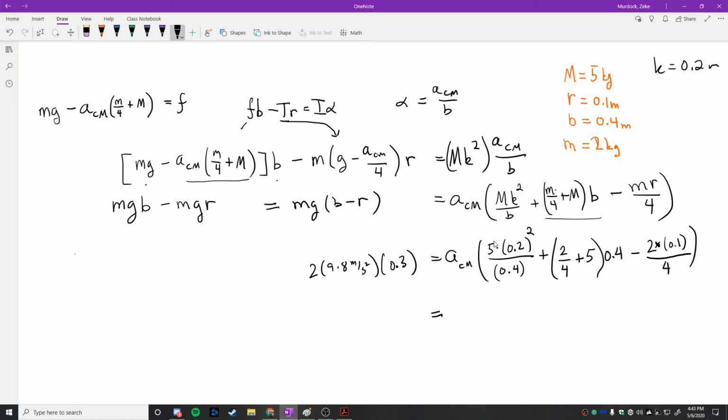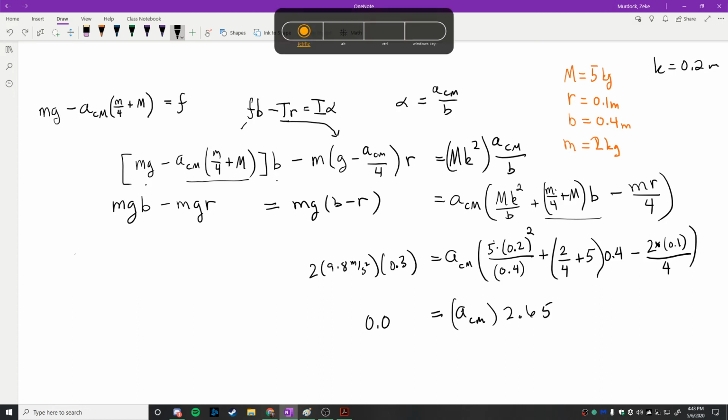The right-hand side, what I got was 2.65 ACM. And the left-hand side, you're obviously going to get, like, what, point? Well. So this is going to be 0.06. Did you calculate that right? No, I did division. Okay.